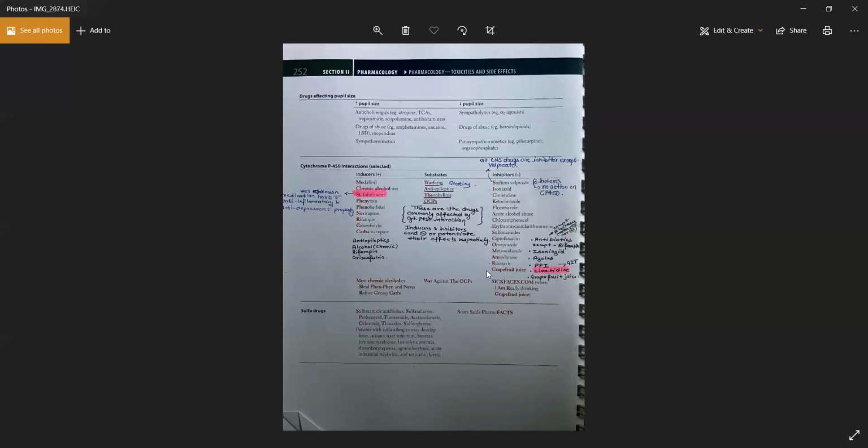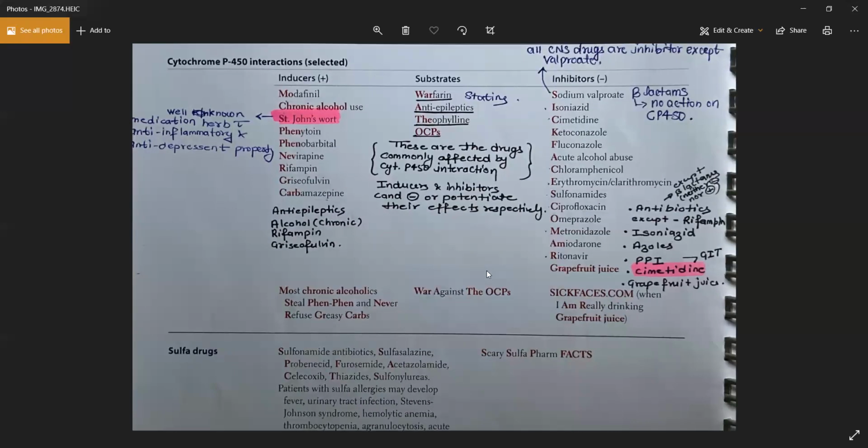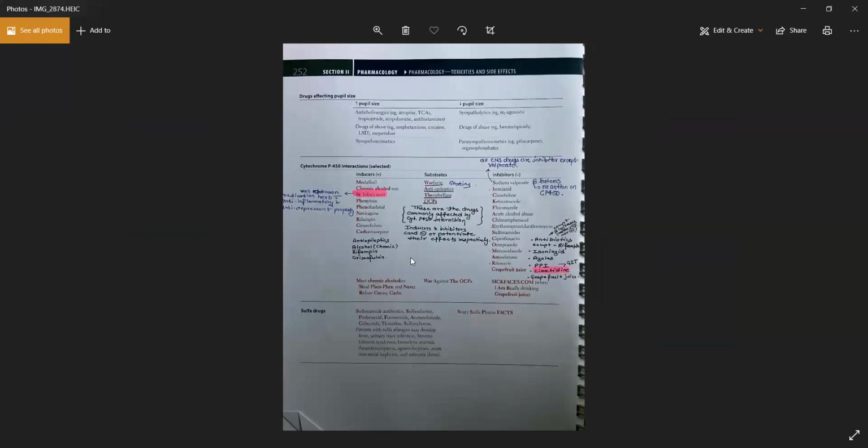I was thinking about amiodarone as the antiarrhythmic as well as antiviral, but it was amantadine, not amiodarone. I got it confused. I hope this chapter is very clear to you guys. If any doubt, you can ask me again. We can wait for another 5 minutes and then we will start the biostats.